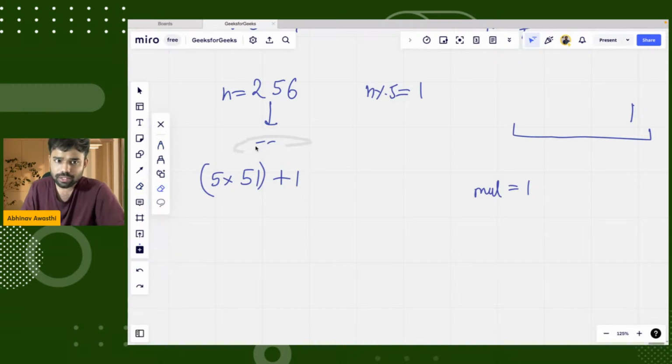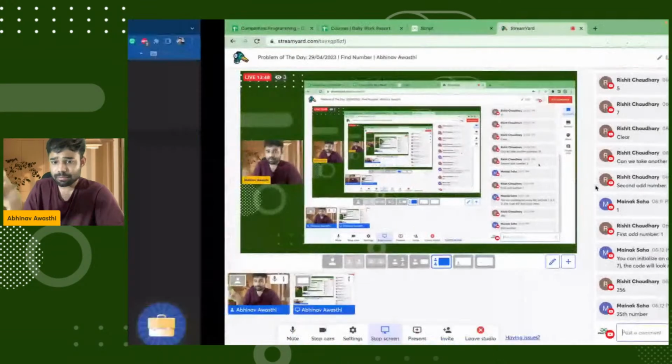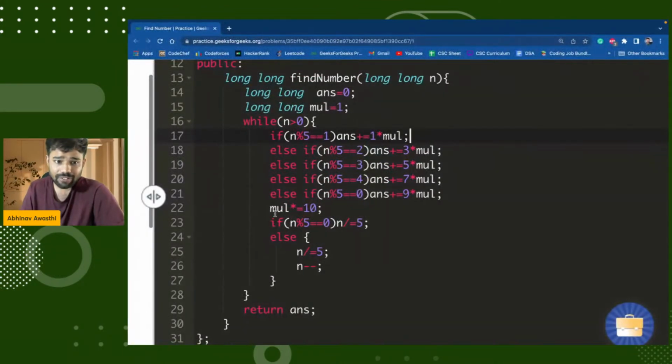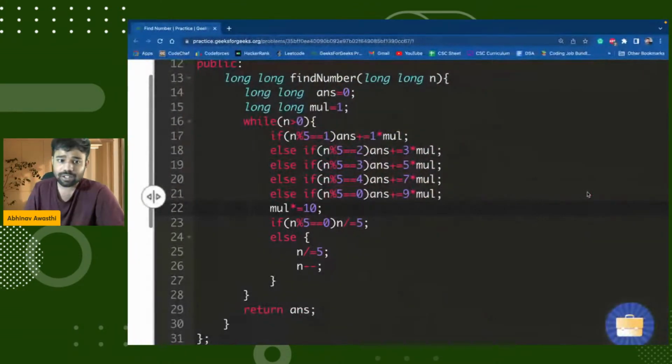So now I have added this 1 to my answer, and now I will multiply my 10 into 10 for the next digit. Then, if n is divisible by 5, I will divide it.